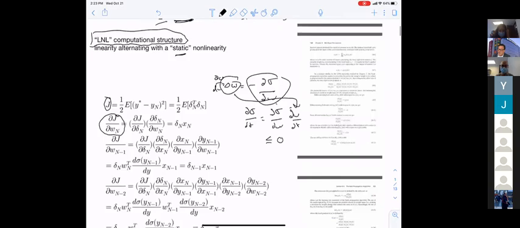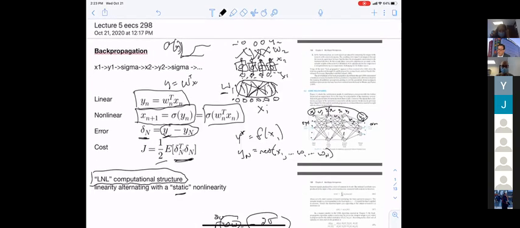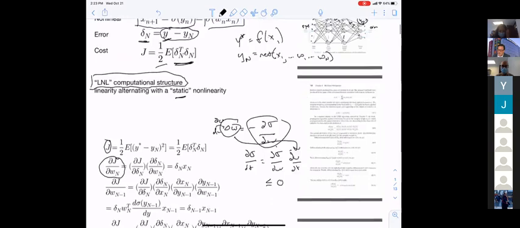And now remember, it's a multi-layer network, so we've got different W's at each layer. So the first thing we can do to figure this out is start at the output layer. A lot of this is going to look very familiar from the LMS rule, because it's all based on that.